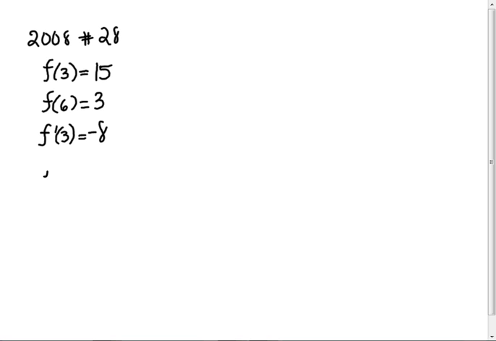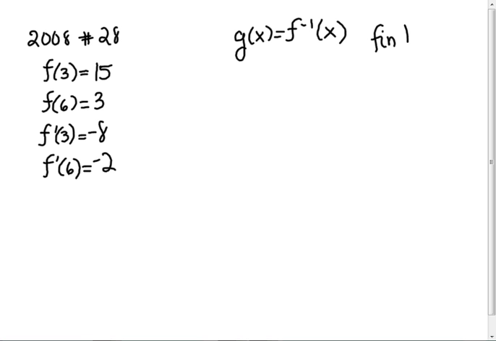So I think we should start this from the beginning, just like we had not done a problem like this in a while. It says g of x is equal to the inverse of f of x. And I want to find g prime of 3.